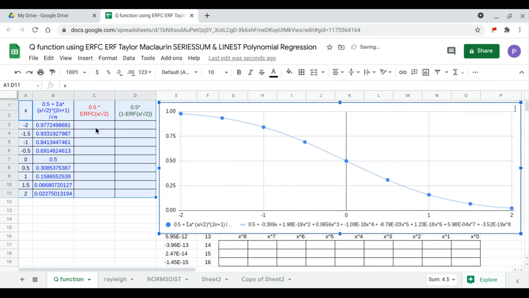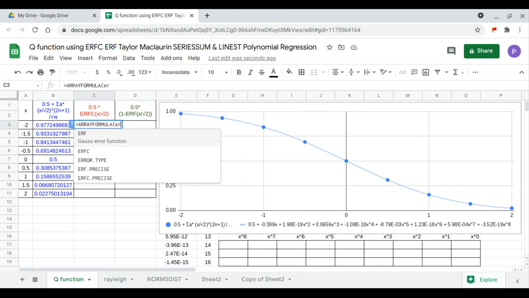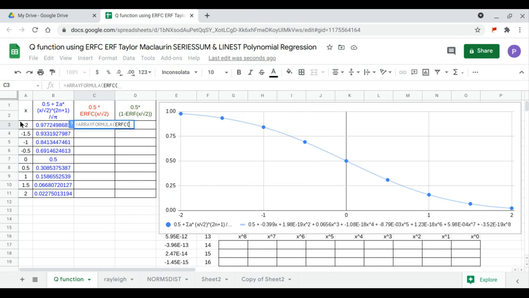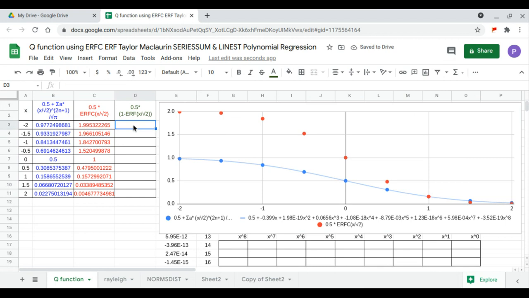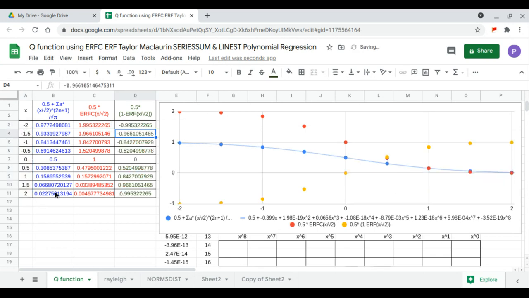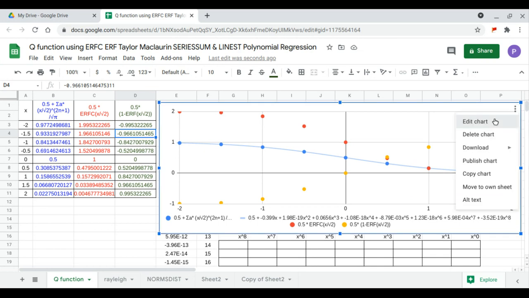And we continue with the complementary error function, R a formula, ERFC of the x values, as well as the error function, R a formula, ERF of the x values. And we'll modify the chart to show the trend line polynomial as well.